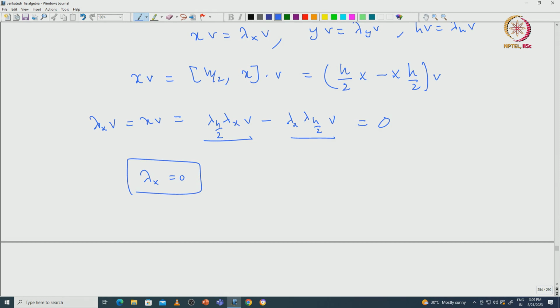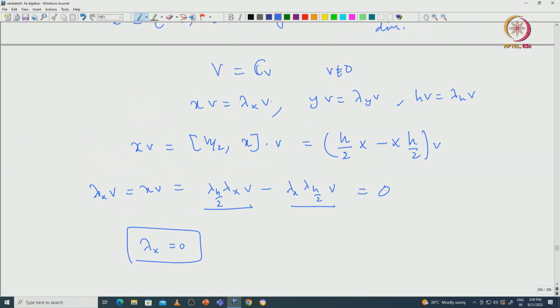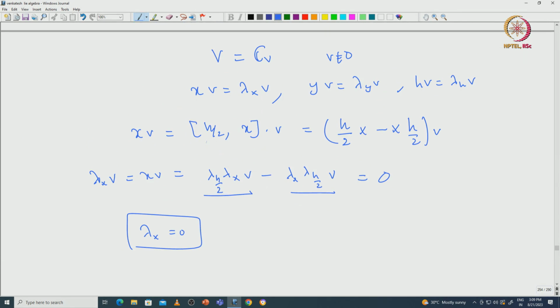Indeed, you are writing x as a commutator of two things, each of which acts as a scalar. Because both h/2 and x leave this one dimensional space invariant, if you take the trace of this commutator, that will be 0.